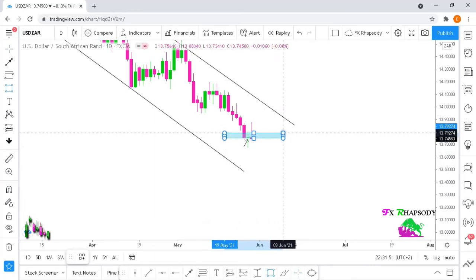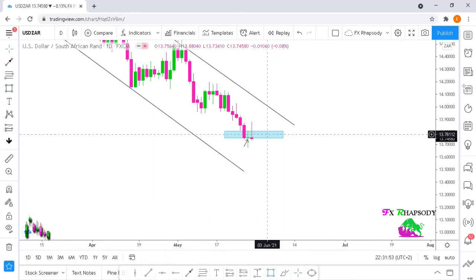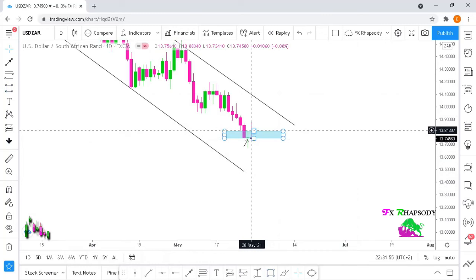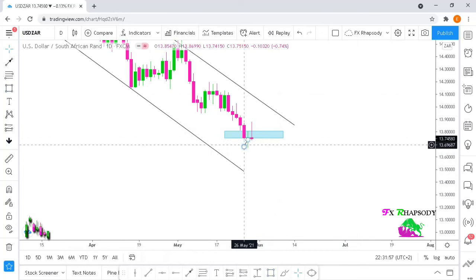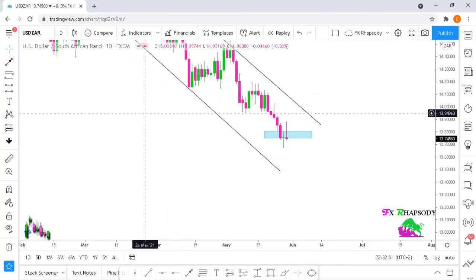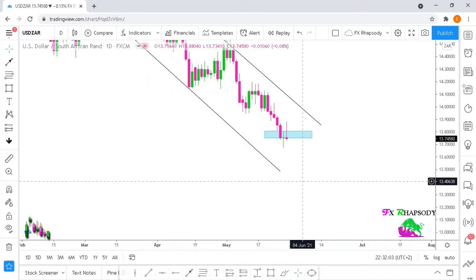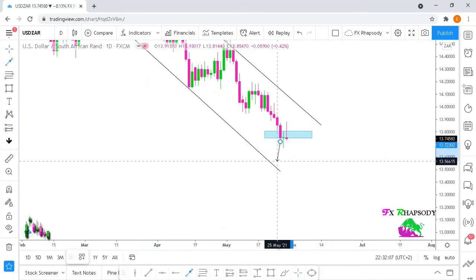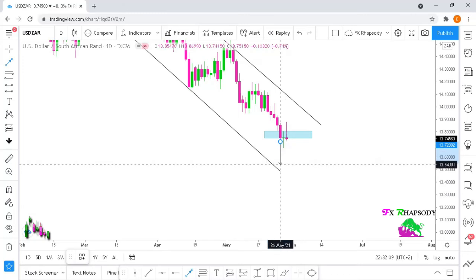So basically, price has not broken up to the upside. It looks like price still wants to fall down a little bit more, and if we draw back that big area there, I would expect the rand to get a bit stronger still, let's say towards this trend line.